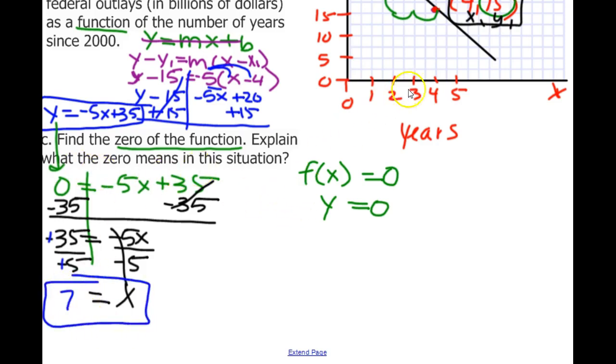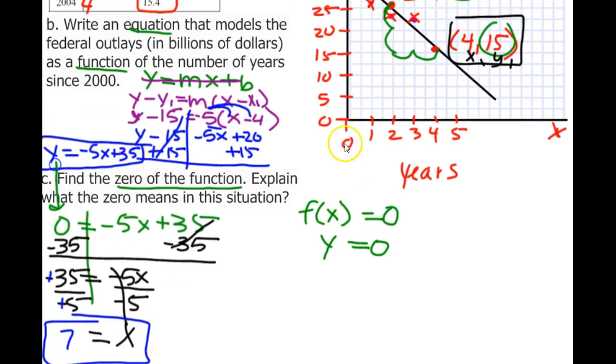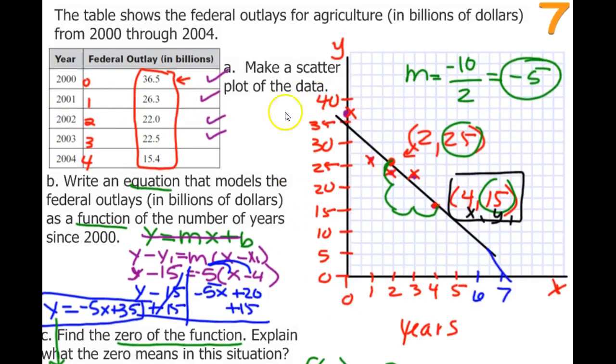So what does this mean? X is 7, so here's 5, 6, 7. So our graph should cross at 7 there. What does that mean? Well, looking at our y-axis, y was the number of federal outlays, or they're talking about money. When the amount of money on our y-axis has reached all the way down to 0, that was at the 7th year since the year 2000.